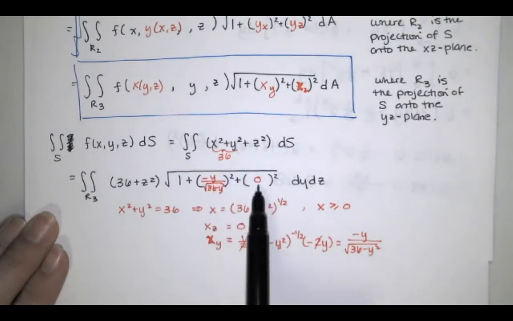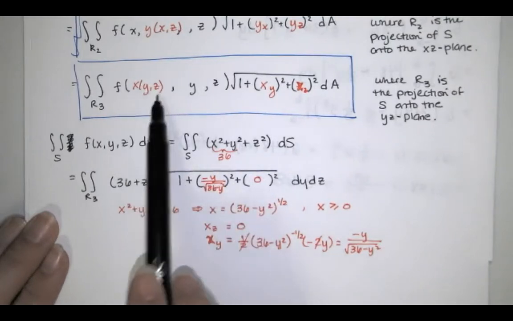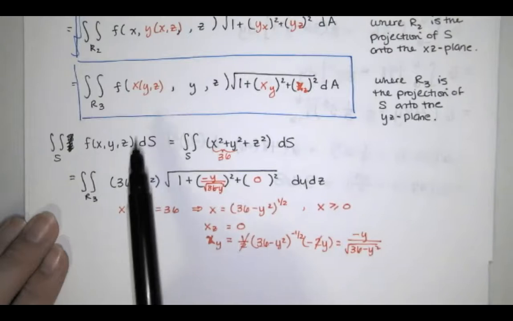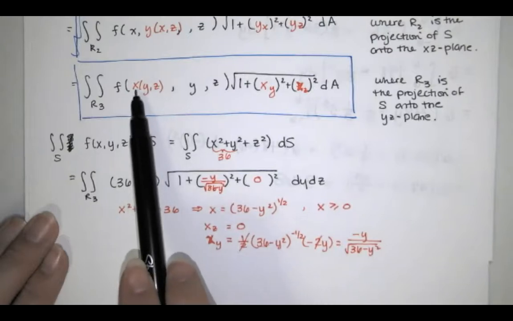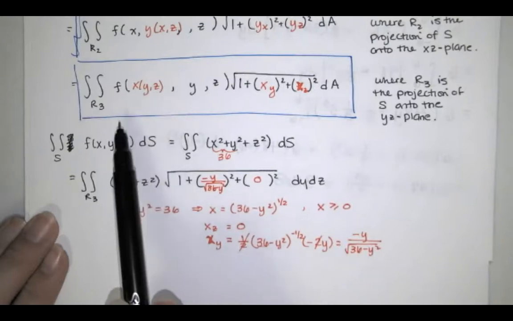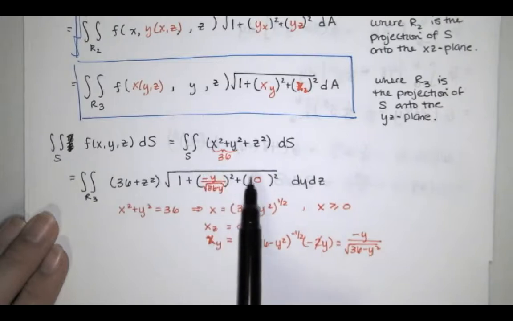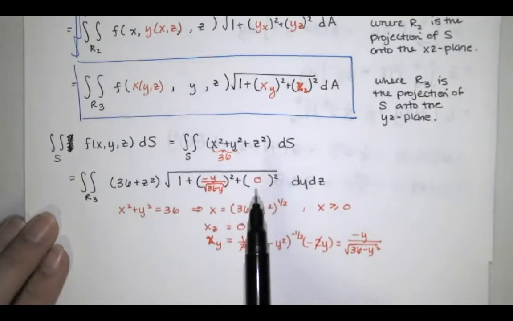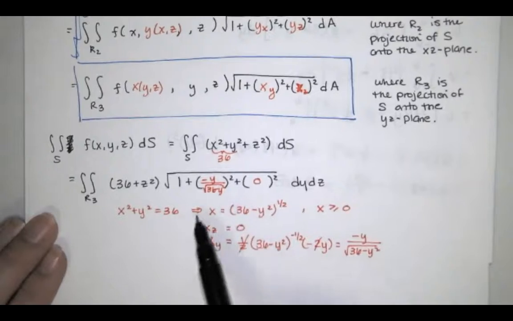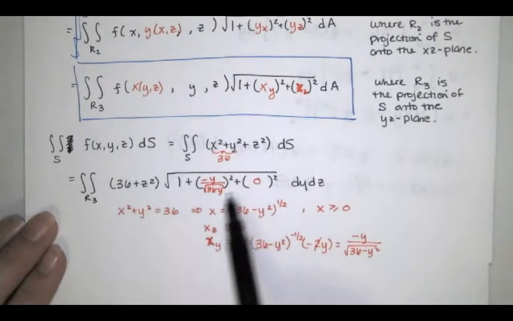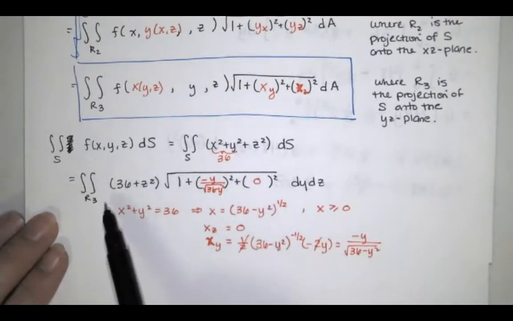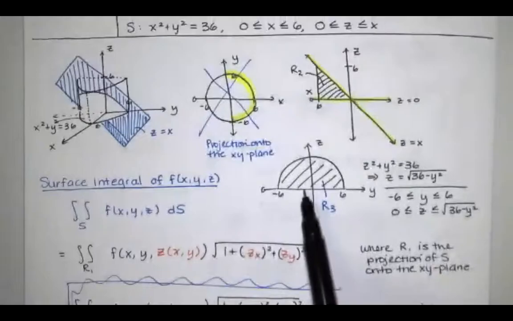And these are the partial derivatives of whatever function you're writing in terms of the other two variables. Since this is x being written as a function of y and z, I needed the partial of x with respect to y here and the partial of x with respect to z here. After you do that, this is what you are integrating, and you're integrating over the region R3, which is right here.